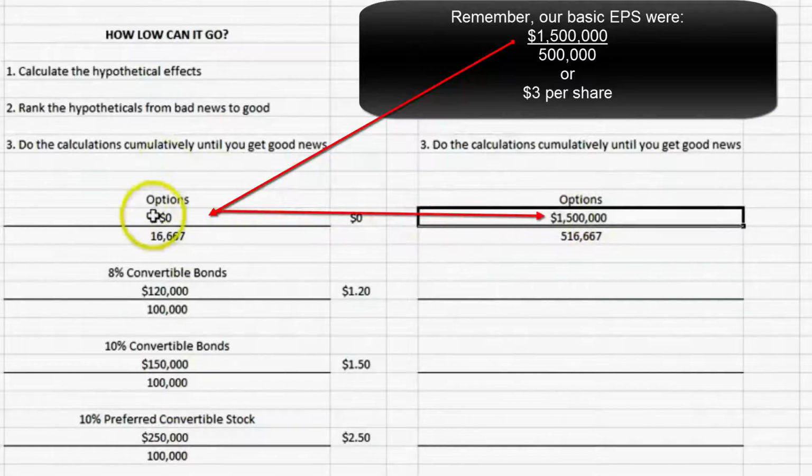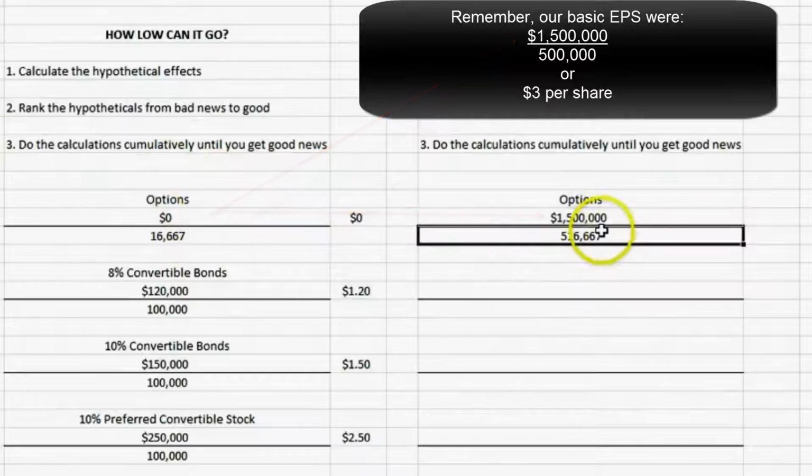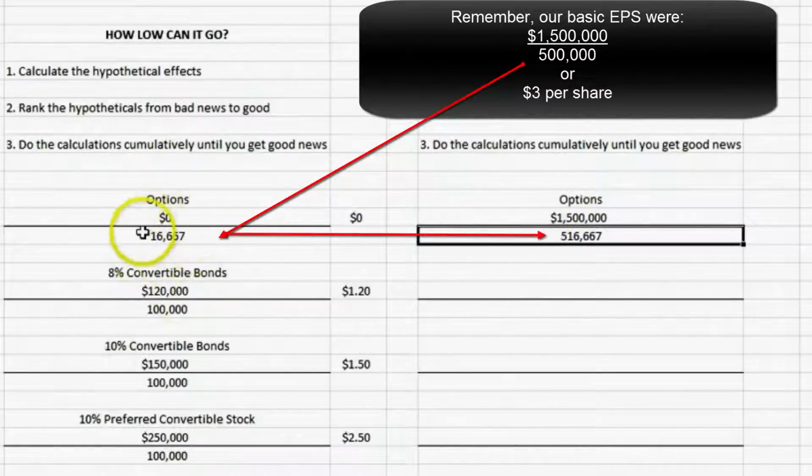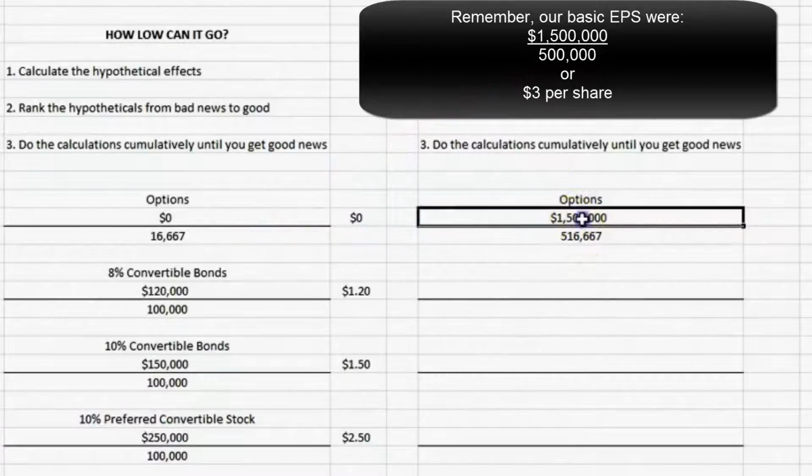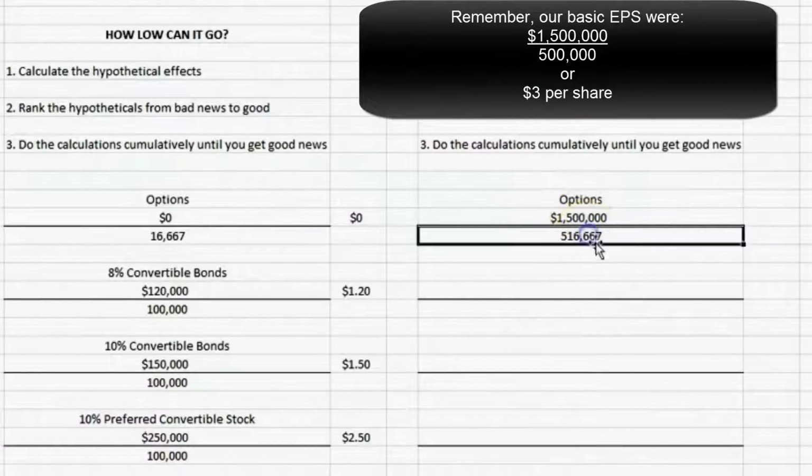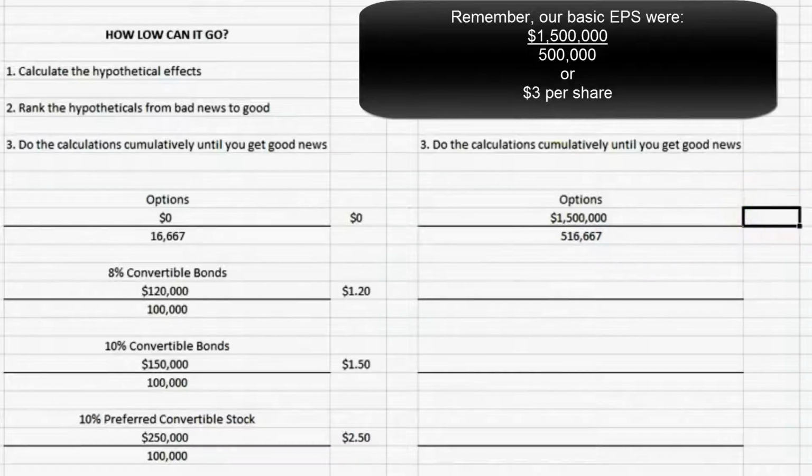There's nothing to add because of the options, but in the denominator, we're going to take the 500,000 shares and add the 16,667, which would be the extra shares that would be outstanding if we took the proceeds from when they exercised the options and went right back out and bought back shares. So our earnings per share now after this is the $1,000,005 divided by the 516,667 worth of shares, and now we've gone down from $3 down to $2.90.